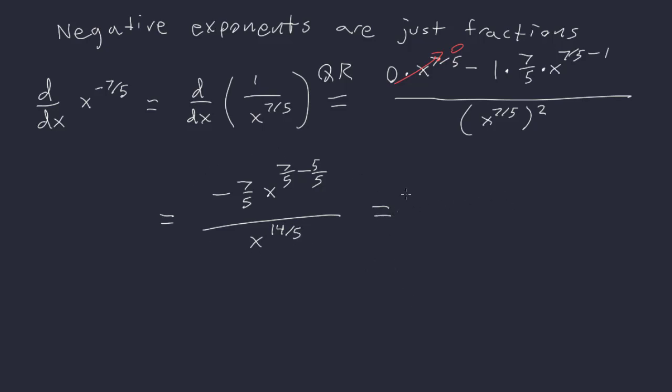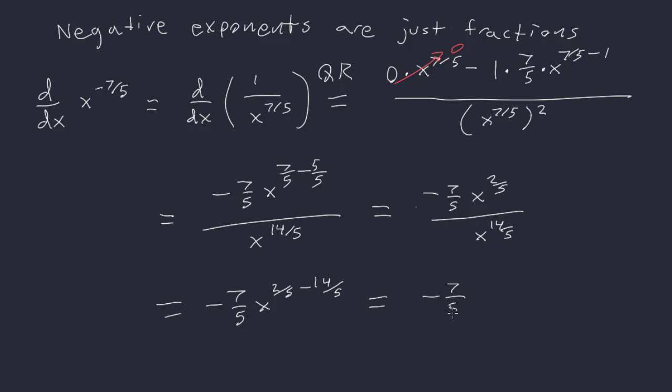Okay, and so this is going to end up being negative 7/5 times x to the 2/5 all over x to the 14/5. All right, well now we can bring that up as a negative exponent and have negative 7/5 times x to the 2/5 minus 14/5. Okay, so that will be negative 7/5 times x to the negative, that's going to be negative 12/5.